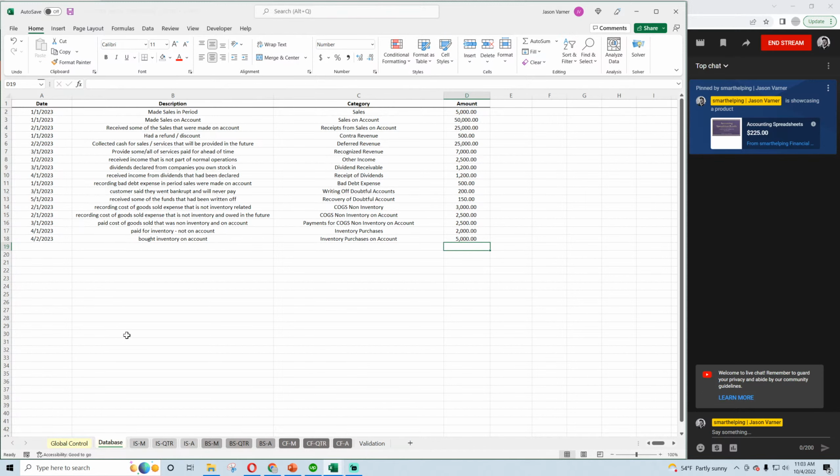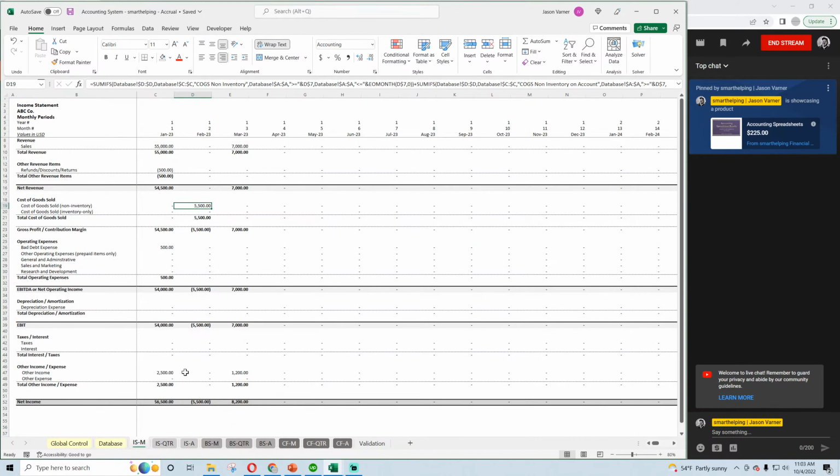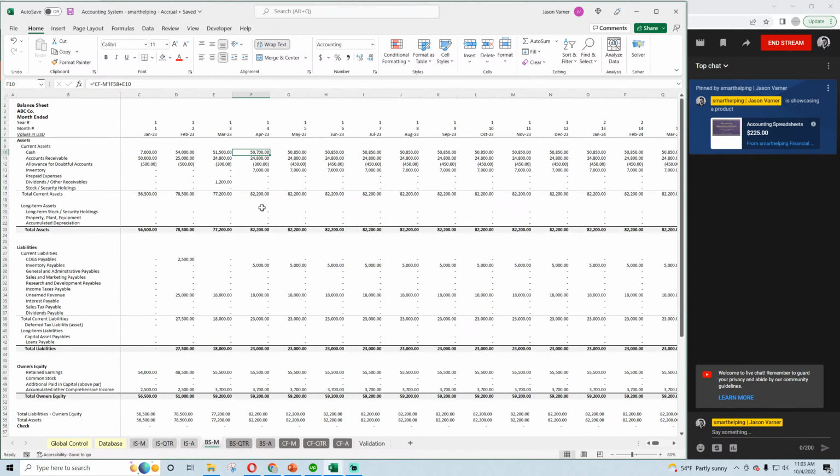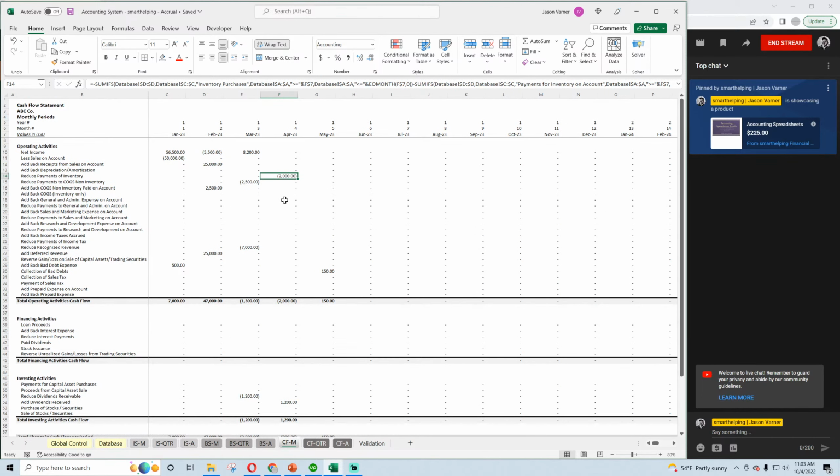Okay, now that 5,000 again does not hit the income statement anywhere. It hits the balance sheet and it will reduce cash in the period. It also increases inventory payable in the period, and here's the cash flow effect.